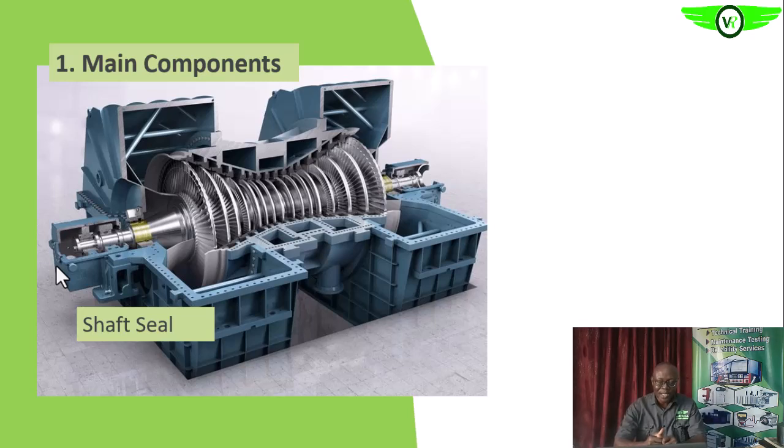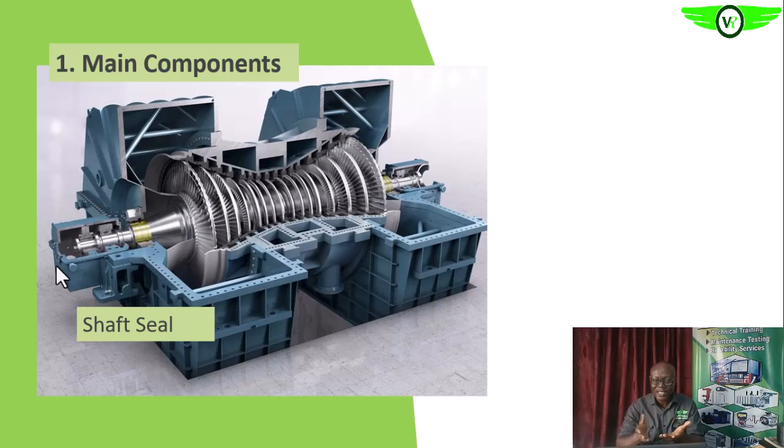Also, since we need to transfer that rotating mechanical energy to an external equipment that needs it, it means that the shaft must protrude, must come out from the casing, or from within the turbine.